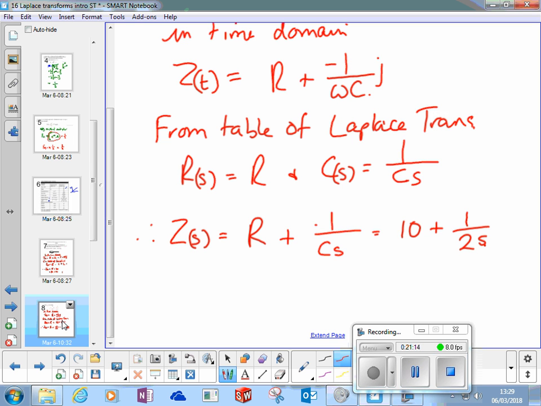Okay, so two relatively easy circuits to deal with. There's an R and an L in series, and an R and C in series. Okay, so far? Yeah.